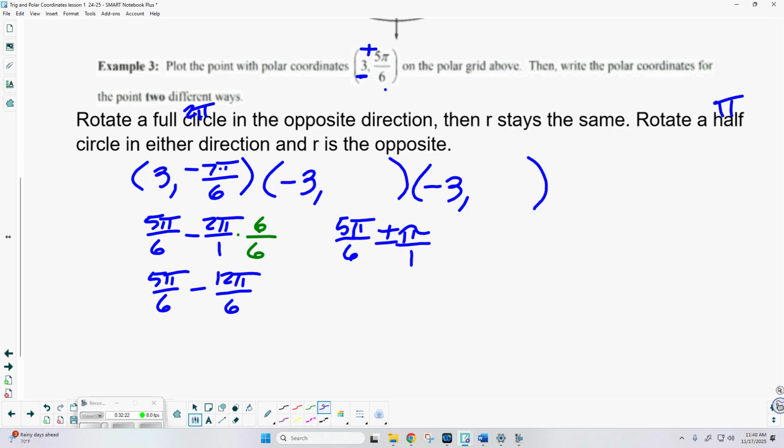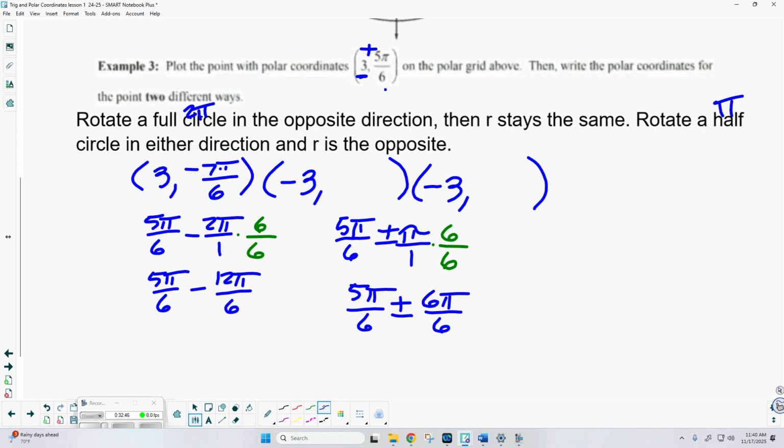Okay. Now I'm going to do the same thing for changing the radius. Got the same denominator. So now it's 5 pi over 6 plus or minus 6 pi over 6. I've seen people in the past do these separately, one plus, one minus. I think it's easier and faster just to do both at the same time. Because think about it.